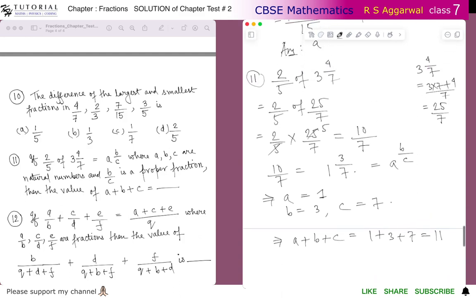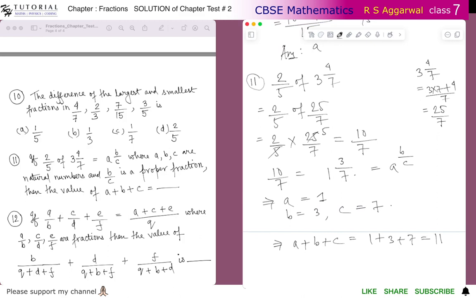Now please note that on the left hand side, the value of 2 by 5th of 3 upon 4 by 7 is 10 by 7. If we convert this to a mixed fraction, it becomes 1 upon 3 by 7.